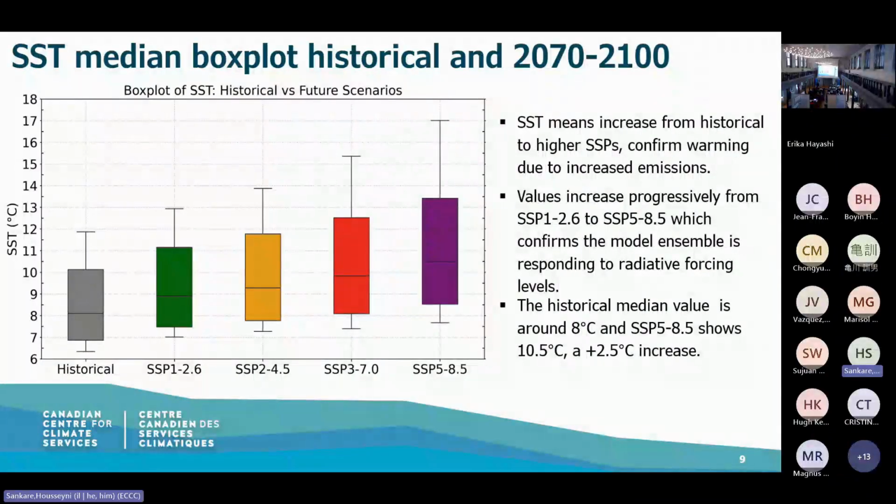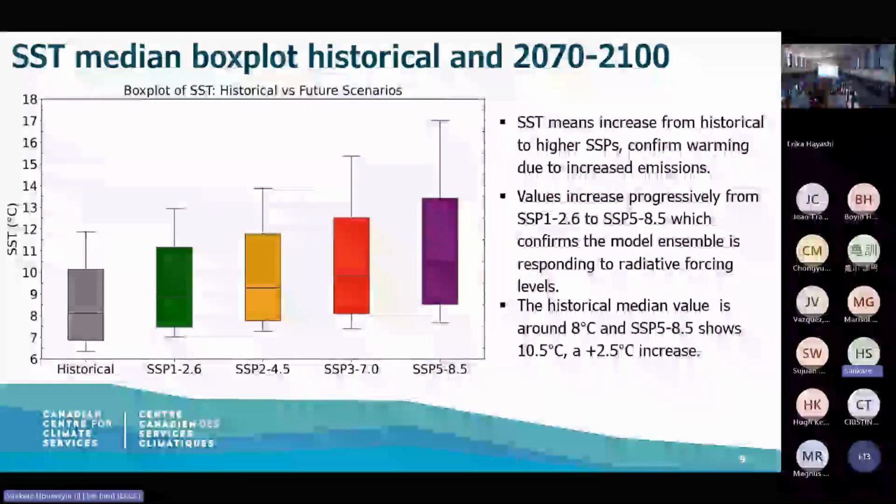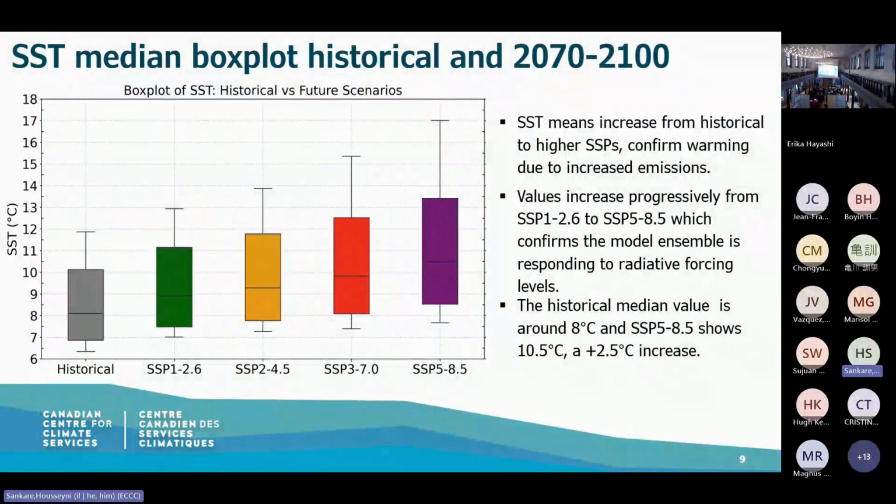Here I show a box plot of the median comparing the historical and the last century period, 2070 to 2100, that illustrates the distributions of SST, as the spatial mean across all of Canada and across all scenarios.